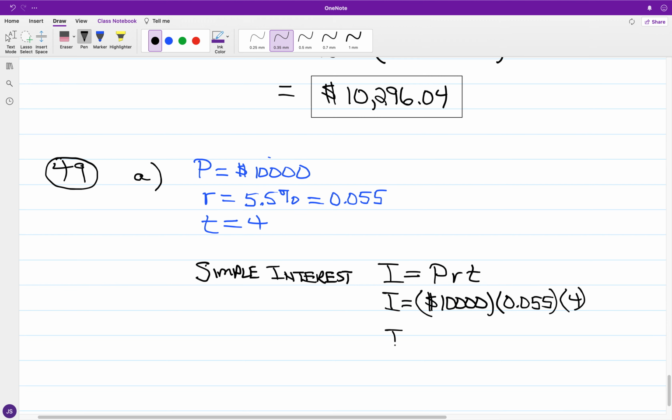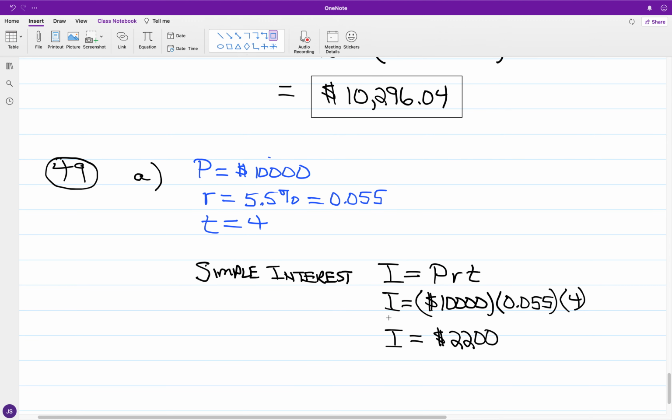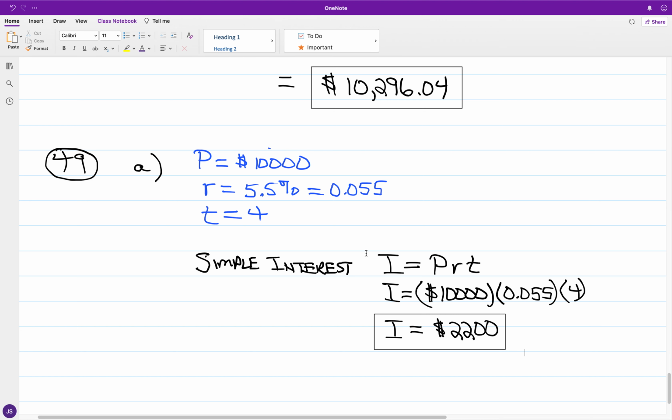If I multiply the principal, the rate, and the time, this will come out to $2,200. That's going to be the amount of interest. So if someone were to borrow $10,000 and went with this deal, 5.5% simple interest after 4 years, that person would pay back $12,200.